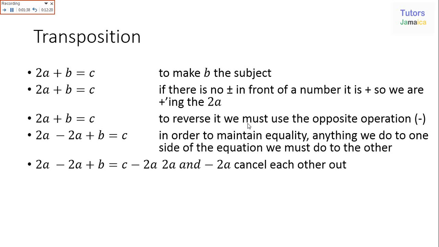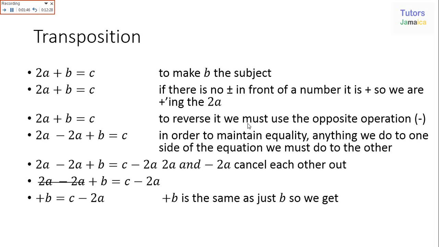Now these two, because they are opposite, will cancel each other out. So what we end up with is plus b equals c minus 2a. And we just spoke about plus b being the same as just b. So what we get is b is equal to c minus 2a as our answer.